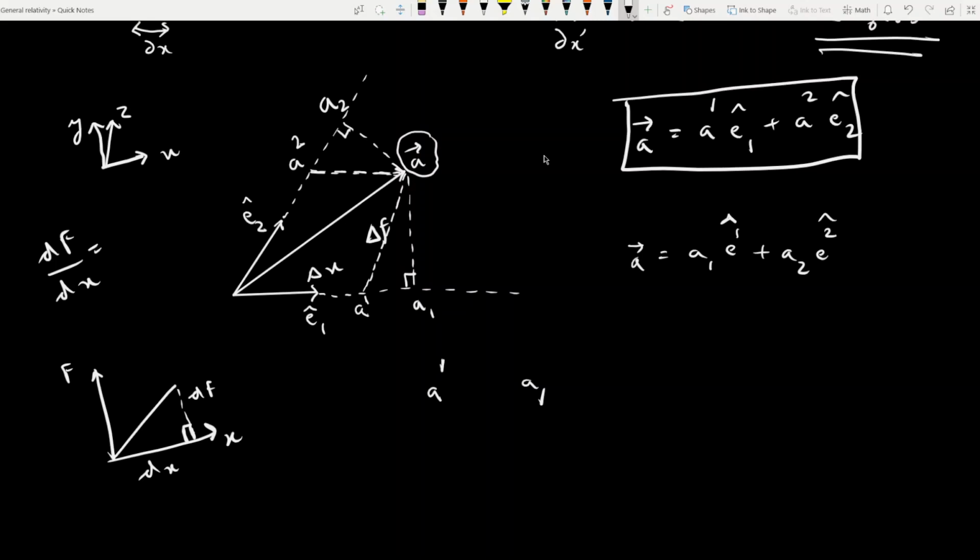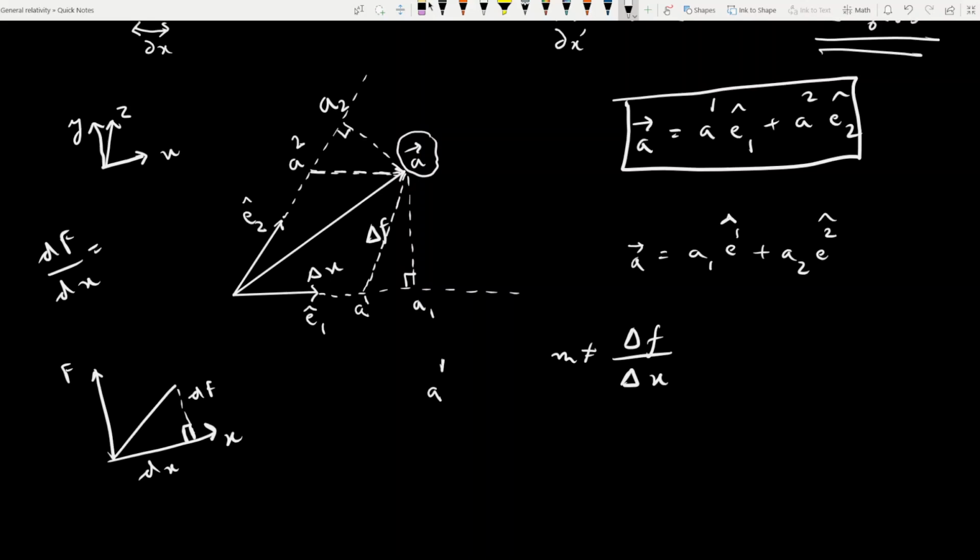A gradient cannot be del f by del x. It cannot be this case, because in calculus it was always perpendicular. Rise over run, it was always perpendicular.